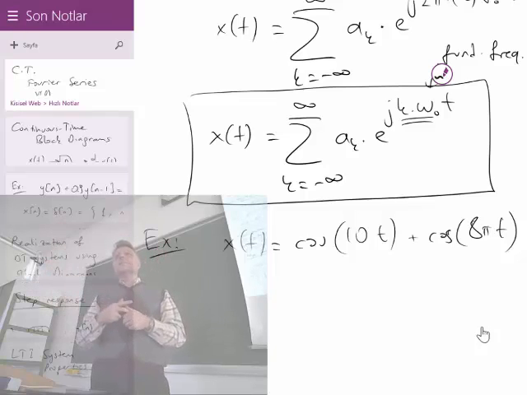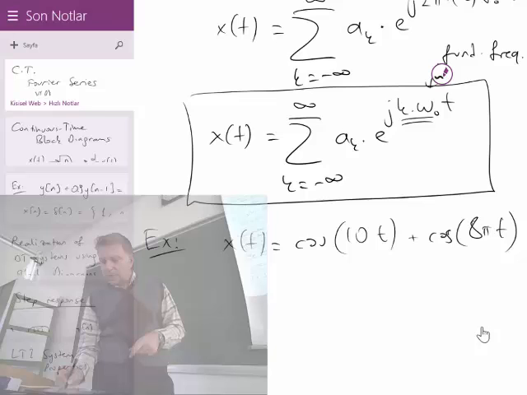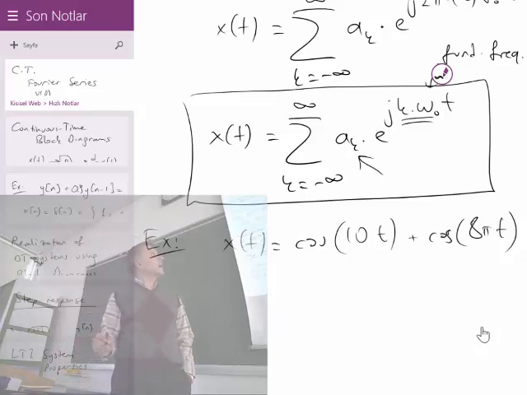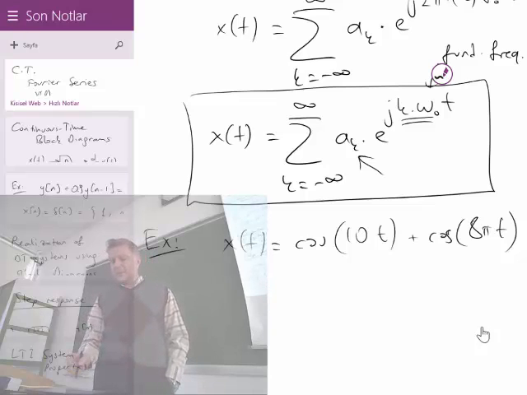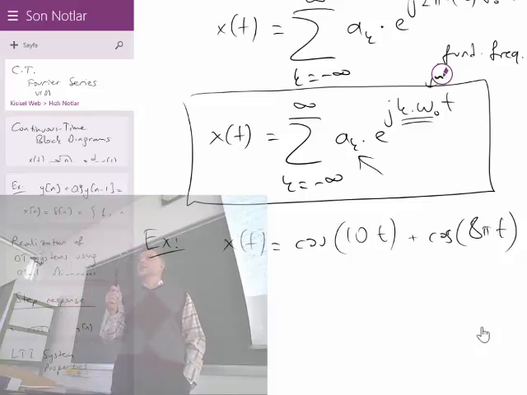And the other harmonics are always at the odd multiples of k. For example, there will be 3 times omega 0, 5 times omega 0, 7 times omega 0, etc. We will see that once we learn how to determine these coefficients, a_k, which are some complex numbers specific for a given periodic signal. We will see that example, and you will immediately understand or remember what it corresponds to in power line signals.